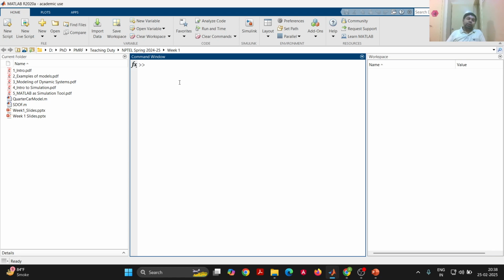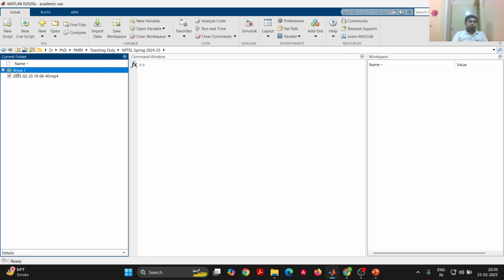If it is present in the current working directory, it will be able to find it. But if it is in some other folder which is not the current working directory, and you still want to run that code, then, for example, there might be a file outside this folder, shown as week 1 over here.